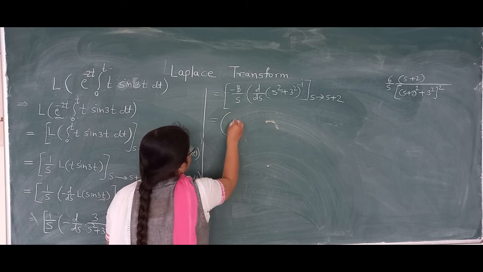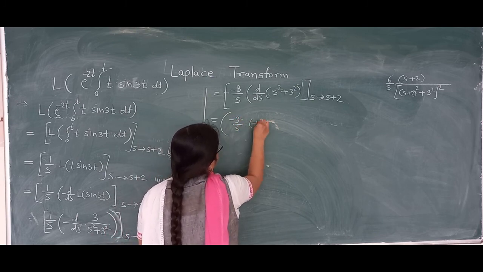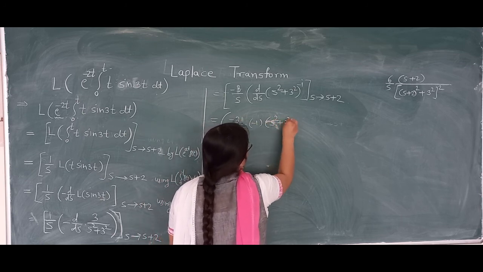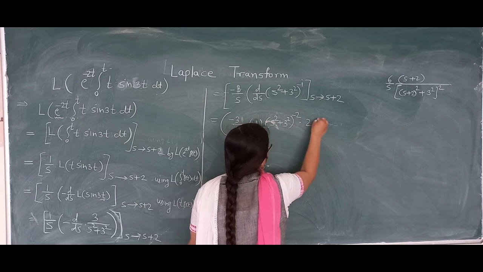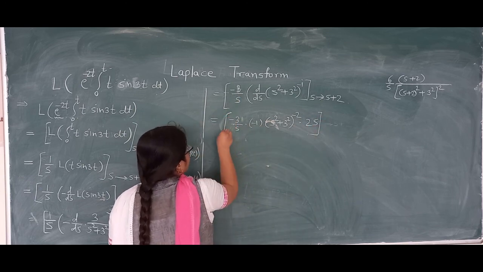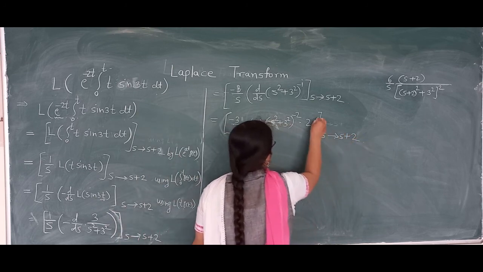Therefore, it is minus 3 upon (s minus 1) into (s square plus 3 square) raised to minus 2 into 2s, where s is shifted by s plus 2.